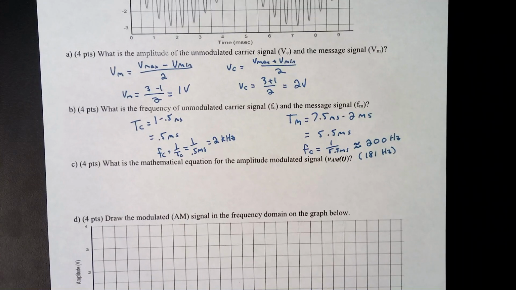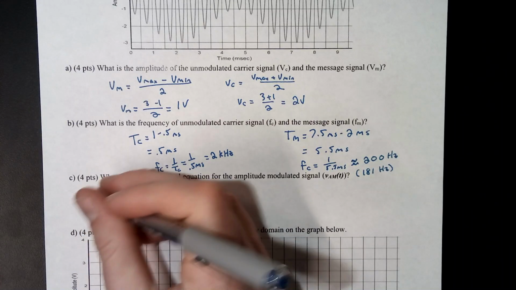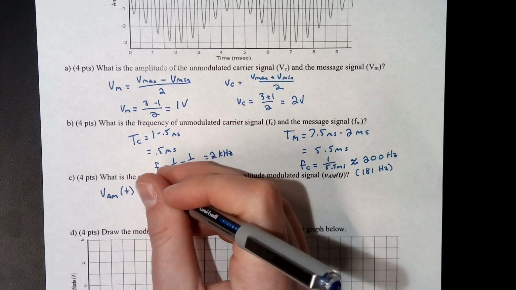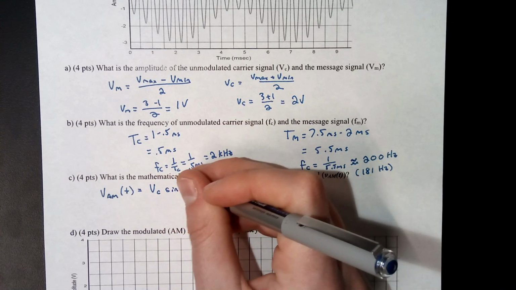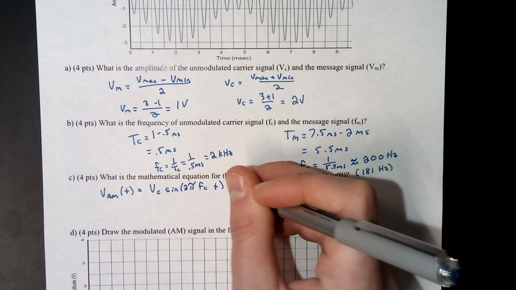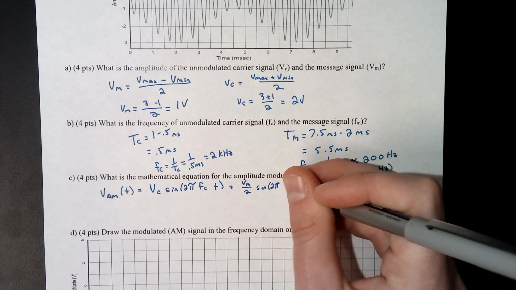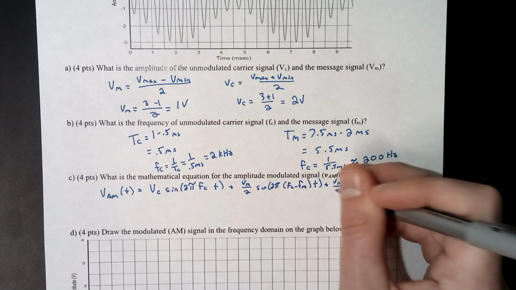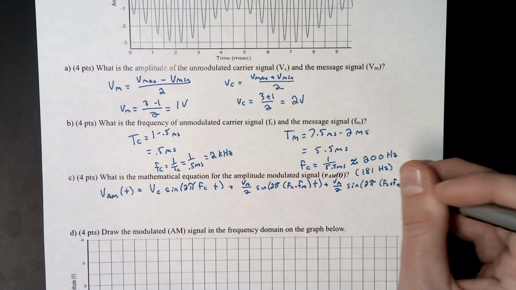Then what's the mathematical equation for the amplitude modulated signal V_AM(t)? We've got Vm, we've got Vc. I'm going to use a slightly different format than what the exam solution used. So this is Vc sine 2 pi Fc t, plus Vm over 2 sine 2 pi (Fc minus Fm) t, plus Vm over 2 sine of 2 pi (Fc plus Fm) t.